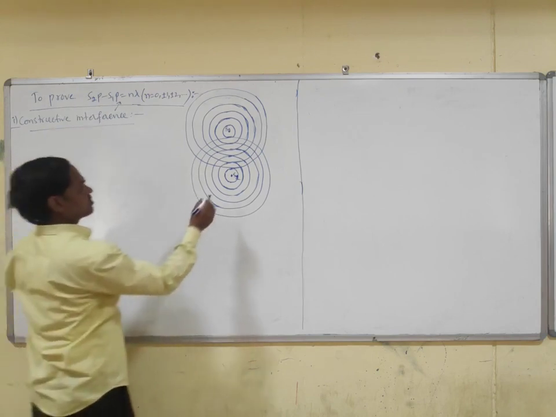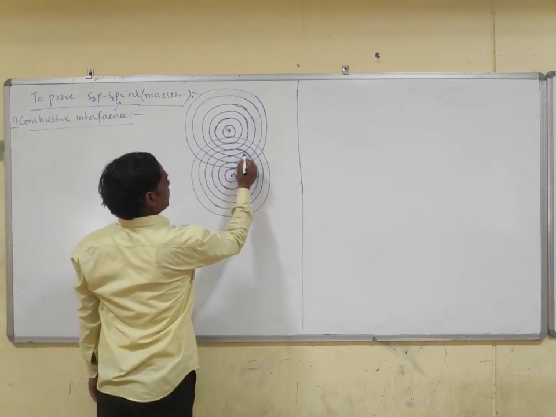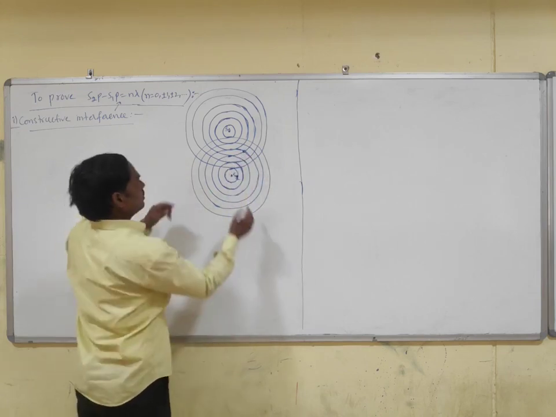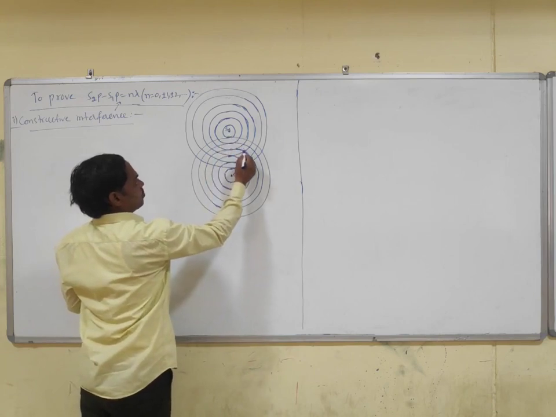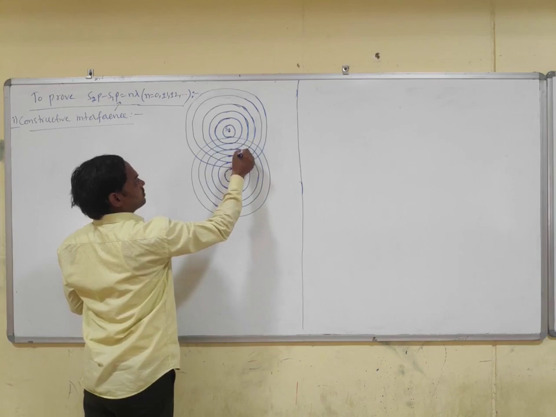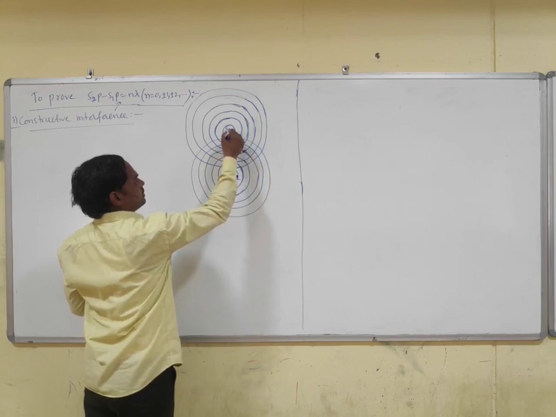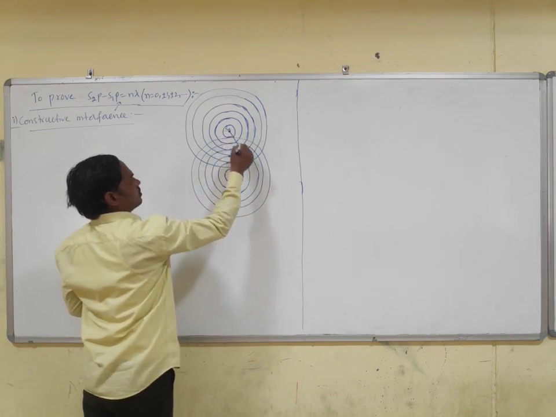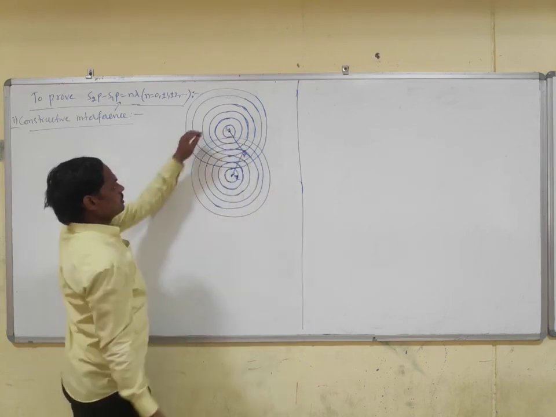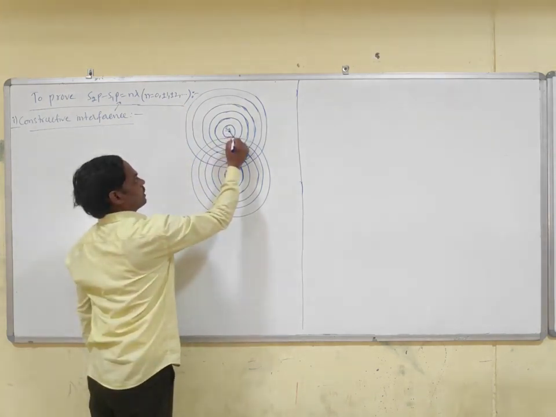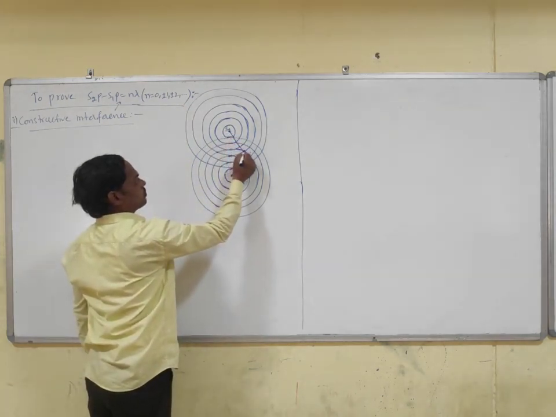Here first let us take this point. Let us count, this is a point P. Now it is S1P, and this is S2P. S1P is equal to how many wavelengths? 1, 2, 3, 4.